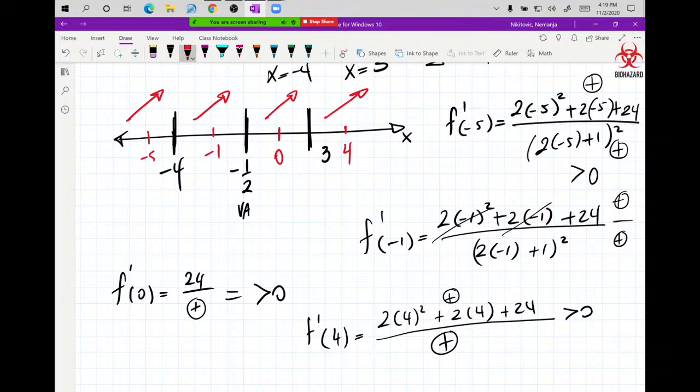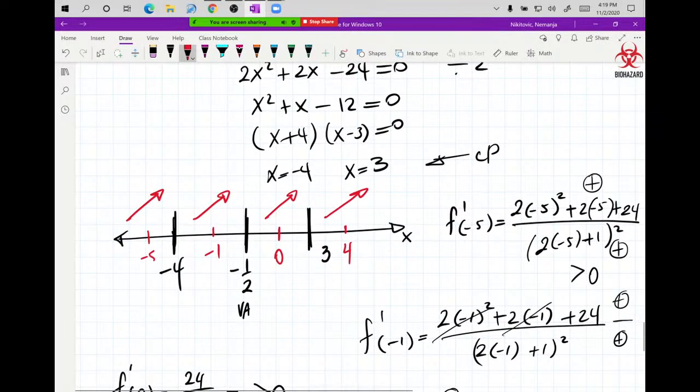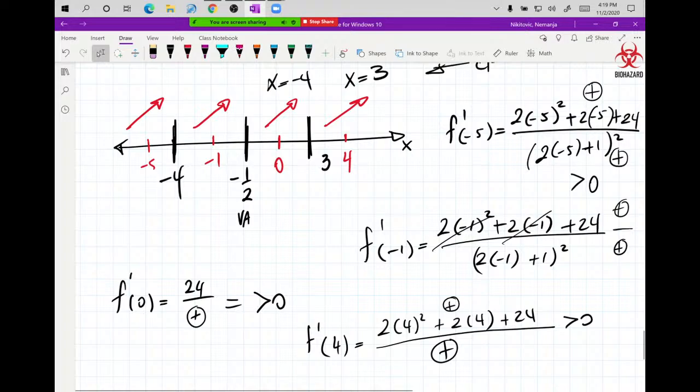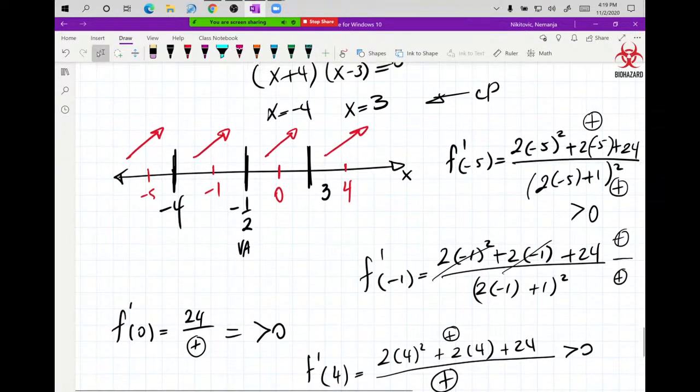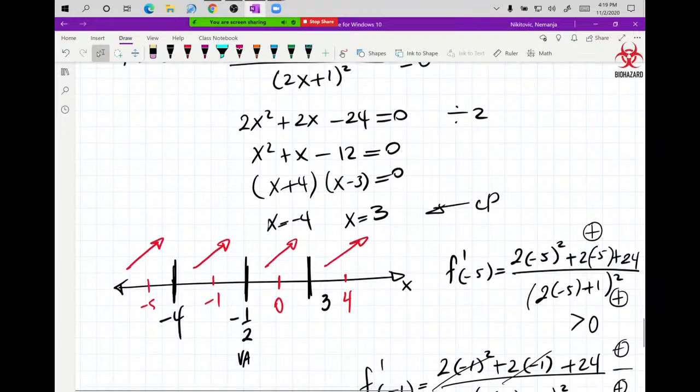Positive divided by positive. And did we have? Oh, we haven't done it yet. Yes. This might just be me, but shouldn't it be minus 24 for the f primes? Yeah, that's what I thought. Well, that is just going to change everything.